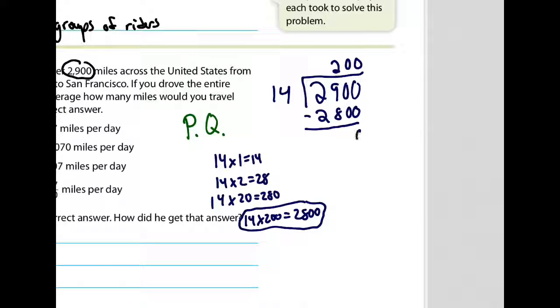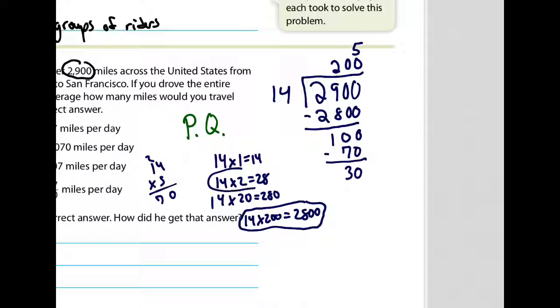Now when I subtract, I only have 100 left. So 14 into that. So I know 14 times 10 is 140. That's too big. So what if I do 14 times 5? That's 70. So I'm going to say 5 times, which is 70. When I subtract, I have 30 left. Now 14 goes into 30 2 times.